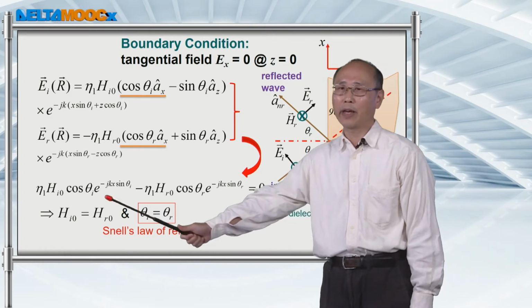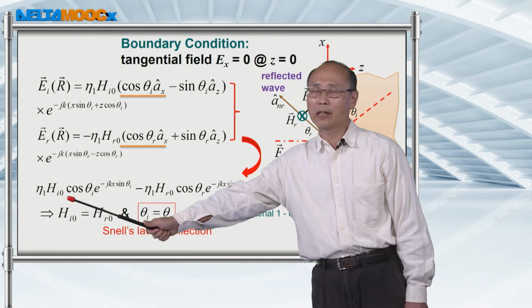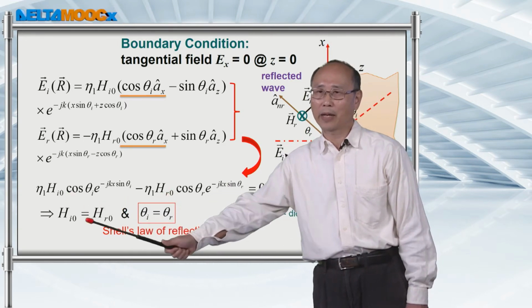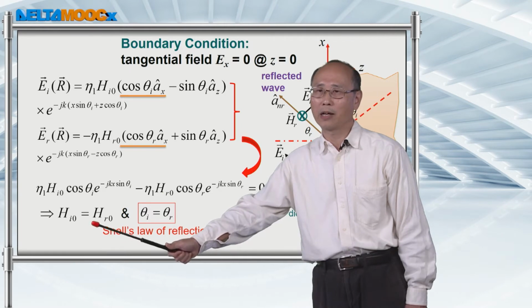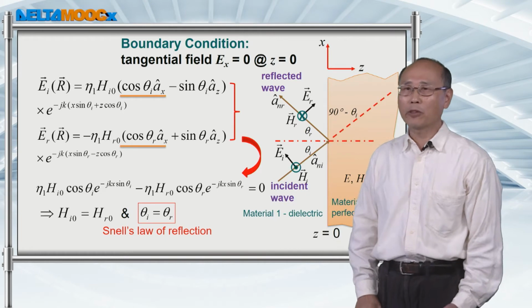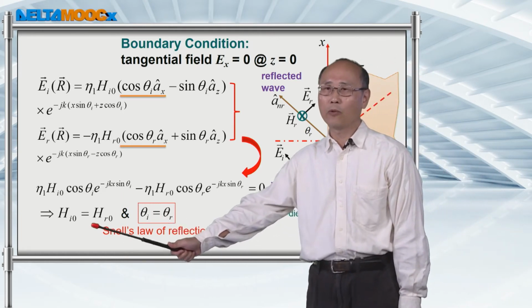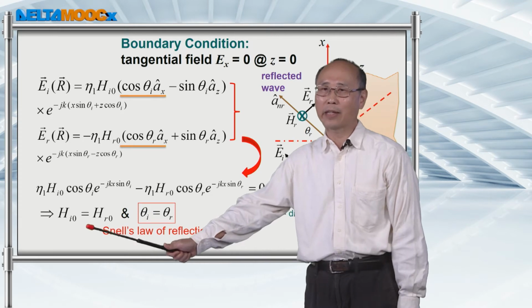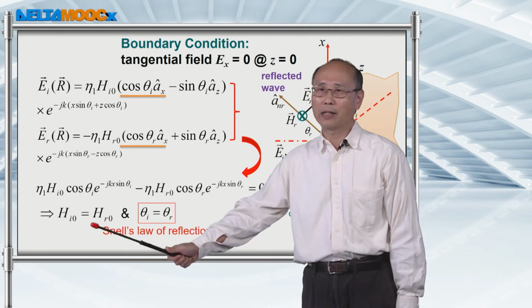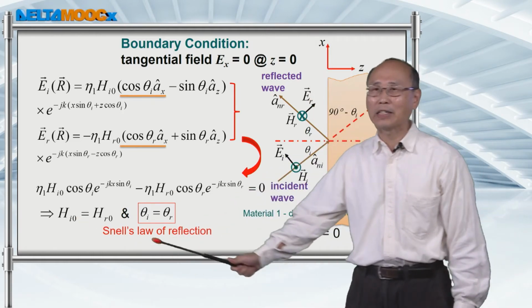With this, you can start to construct the relationship between the incident magnetic field and reflected magnetic field, which is the equal amplitude from this expression. And I want to remind you that when we deal with the TE wave, we end up having an expression that the reflected electric field is 180 degrees out of phase with the incident electric field.